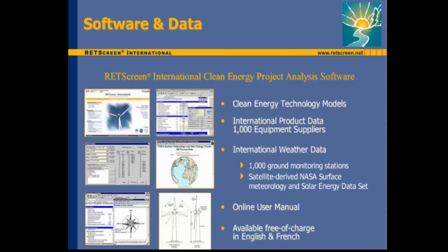Software and data. The RETScreen International Clean Energy Project Analysis software, accessed through the website, models the operation and analyzes the financial viability of many different applications of clean energy technologies. The software includes product and weather databases and is easy to use thanks to its online user manual. The software is available in multiple languages.